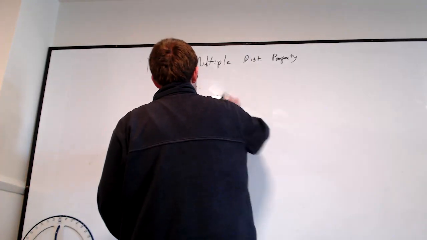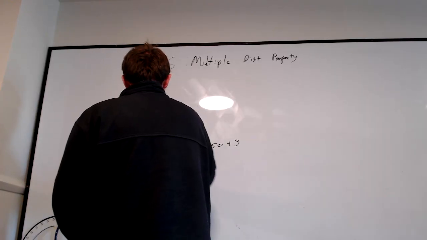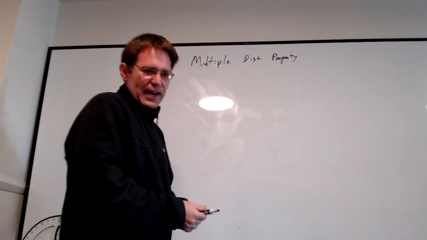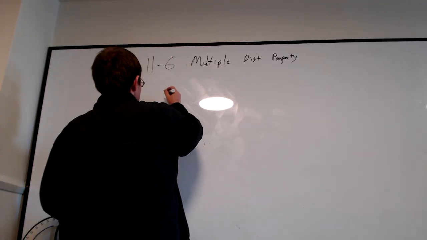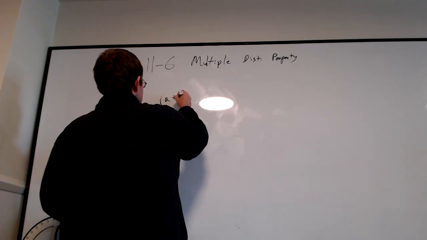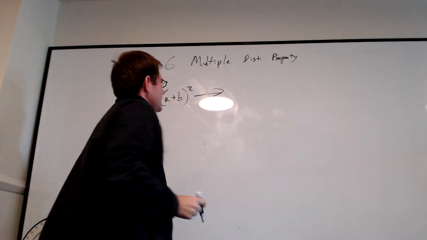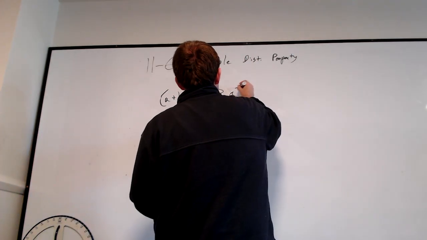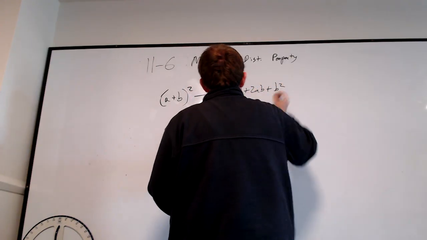So again, just to reiterate what I did earlier, now I'll expand on it a little more. Whenever you have a plus b squared, that's always going to lead to a squared plus 2ab plus b squared.